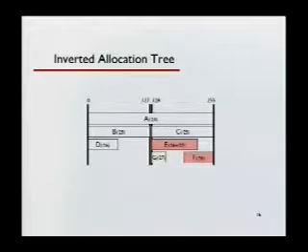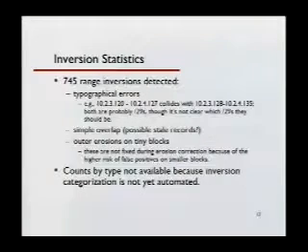If, for example, E there is allocated as a range of 2 blocks, a /26 and a /27, and F is the same /26, they share a range of addresses, and it's ambiguous as to which one of those is correct. So there are 745 of these detected in the data.